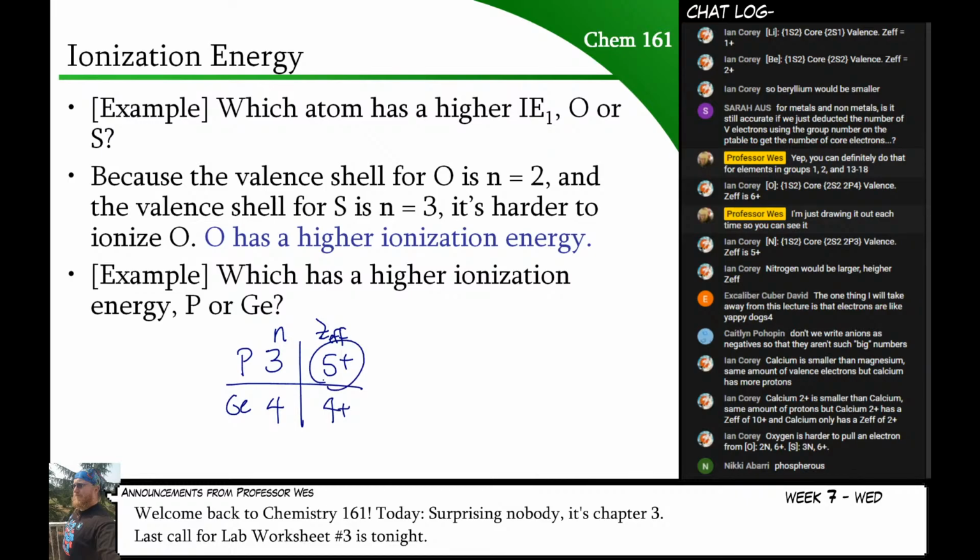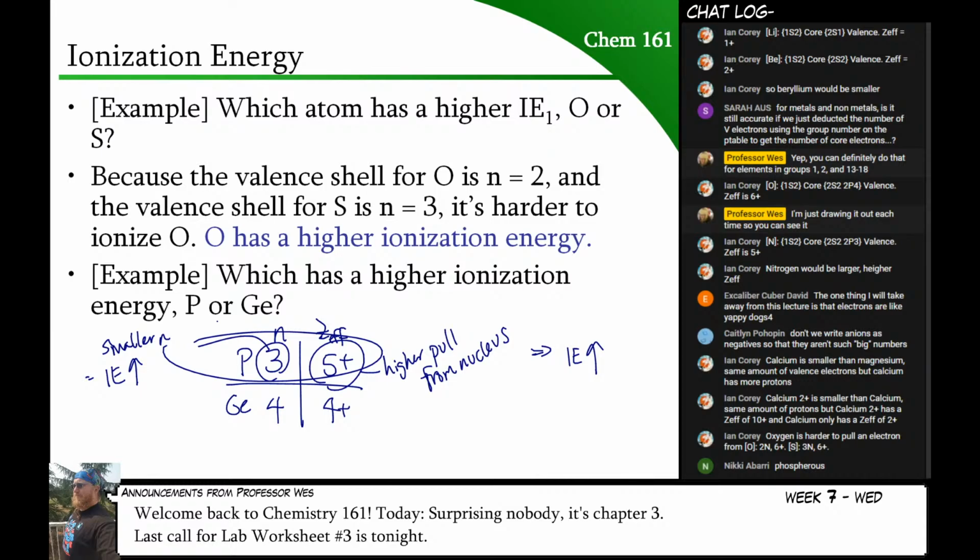So higher Z effective means stronger pull from the nucleus, and that ionization energy increases. And then a lower N means ionization energy increases as well, so obviously the winner is phosphorus. It wins both categories. Now, you'll notice that on the periodic table, phosphorus and germanium are diagonally across from each other, where phosphorus is further up and to the right.